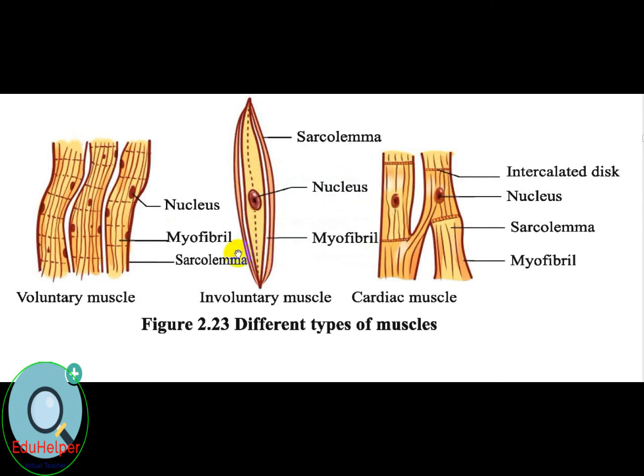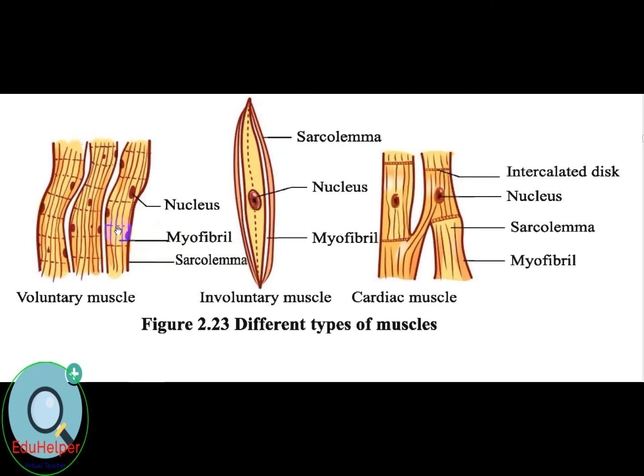Each muscle fiber has a length of 1 to 40 nanometers and a diameter of 0.01 to 0.1 millimeter. The special characteristic of the muscle fiber is that its sarcoplasm possesses numerous myofibrils.